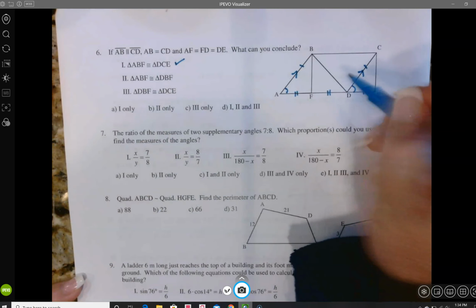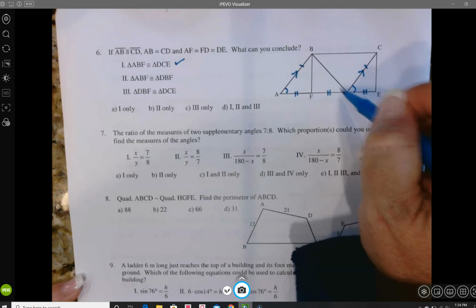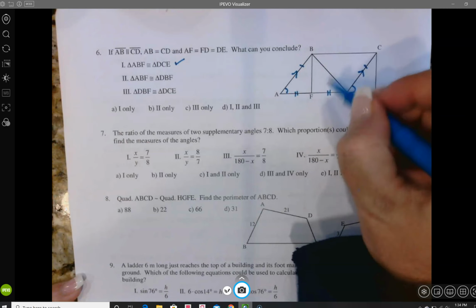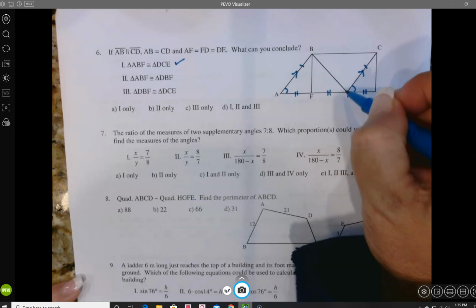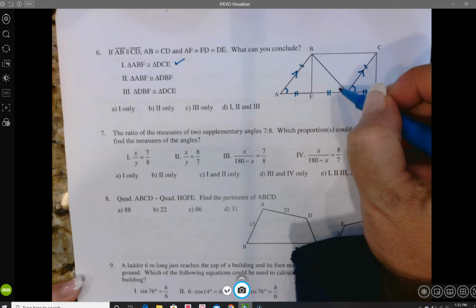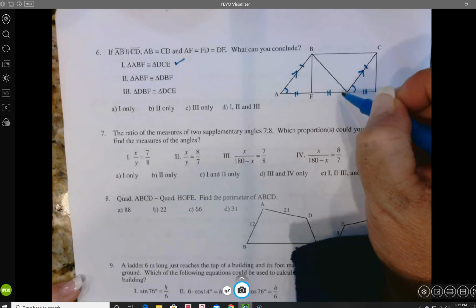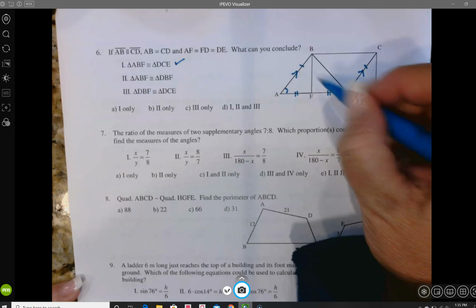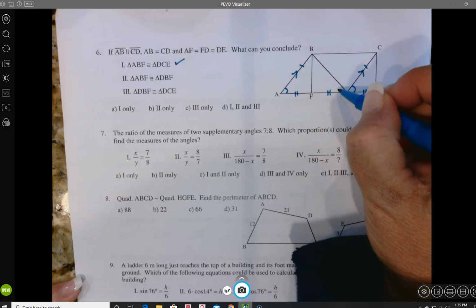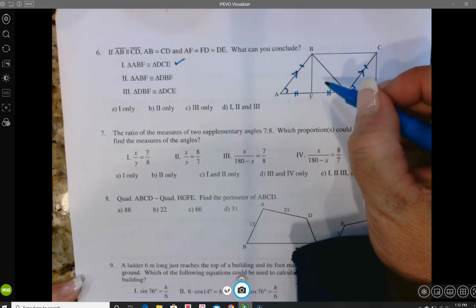Now ABF and DBF, I don't have a set of congruent angles or pairs of congruent lines for that one.